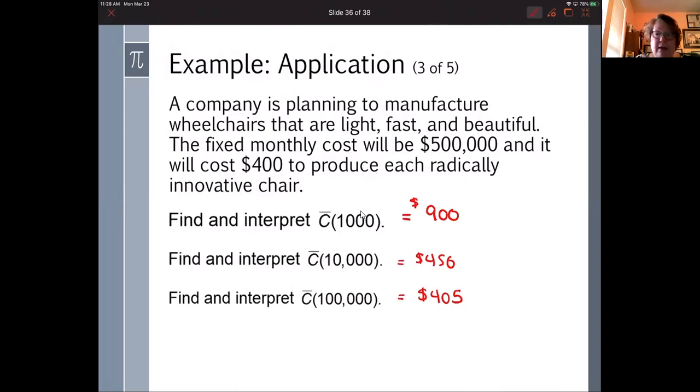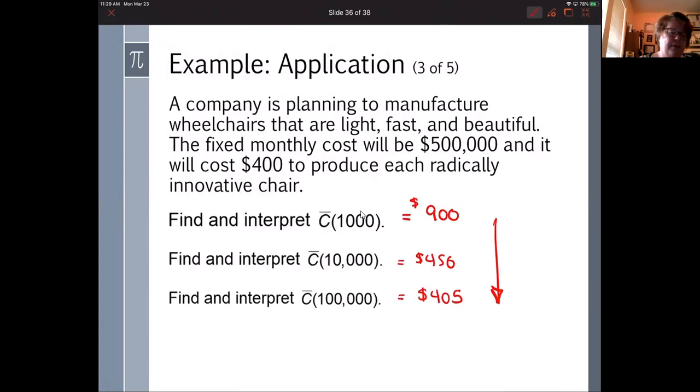If I make 100,000, my average cost is going to be 405. Can you see what's happening here? The average cost is decreasing as the number of these things increase. Wait a minute. If I have a rational function as x increases without bound, and I approach a value, that's a horizontal asymptote.